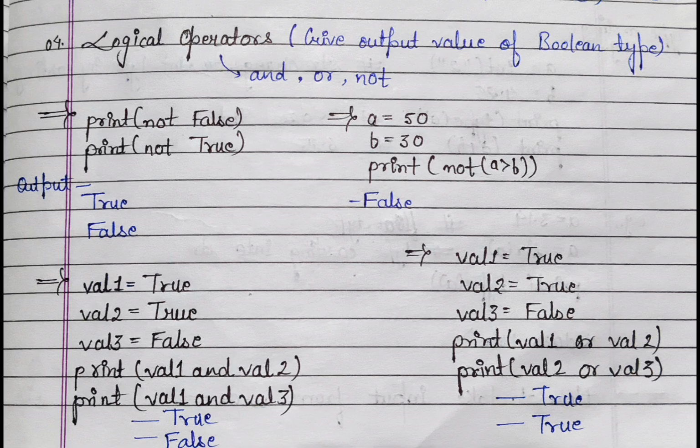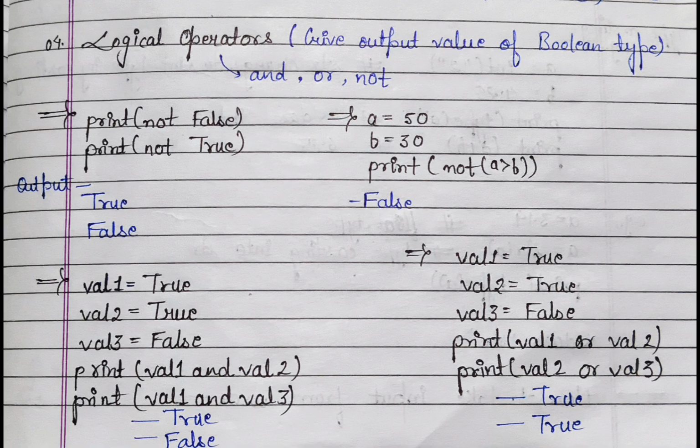So the output of the first line will be true, and the last line is saying print and in bracket val1 and val3. Val1 is true and val3 is false. So it is true and false. And I have said before that if even only one value is false, then the AND operator will give the output false, which means that the output of the last line is false.